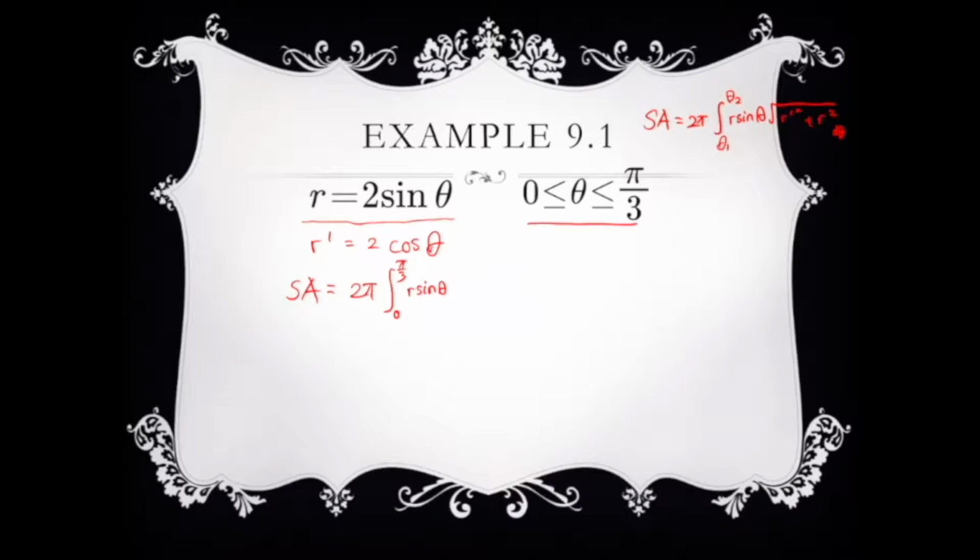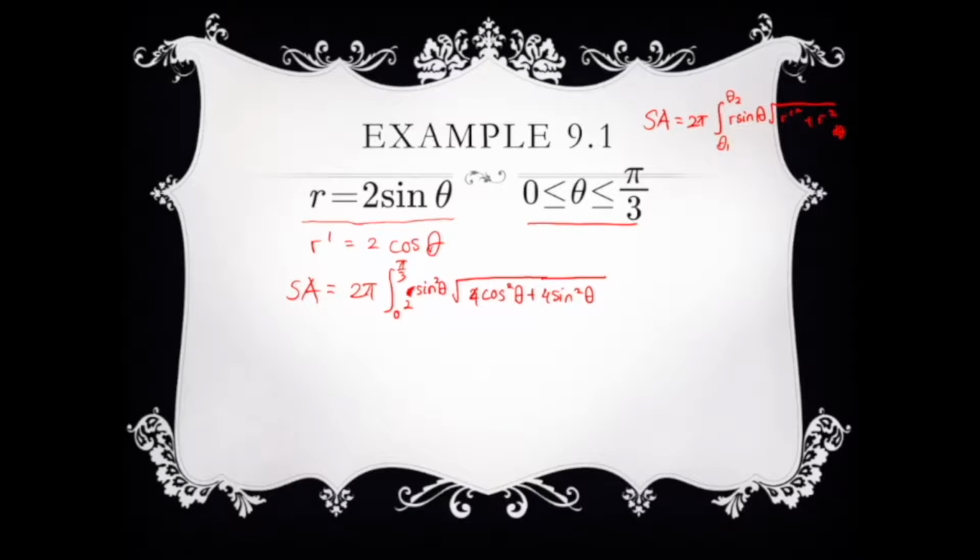And since r is 2 sine theta, we can rewrite it as 2 sine squared theta times the root of 4 cosine squared theta plus 4 sine squared theta.